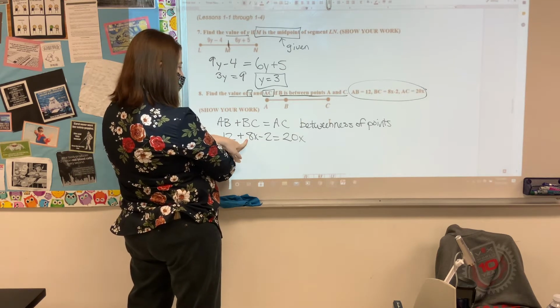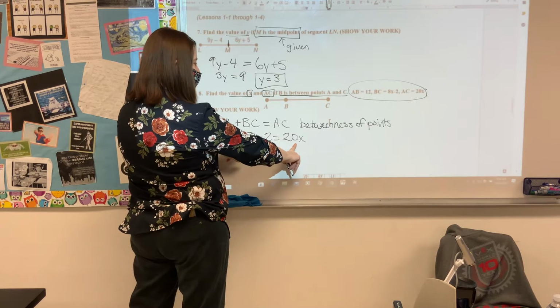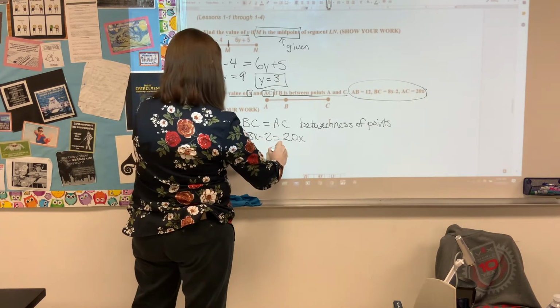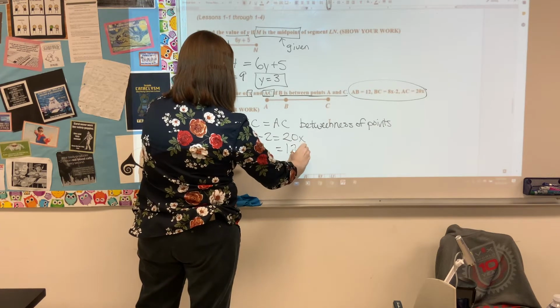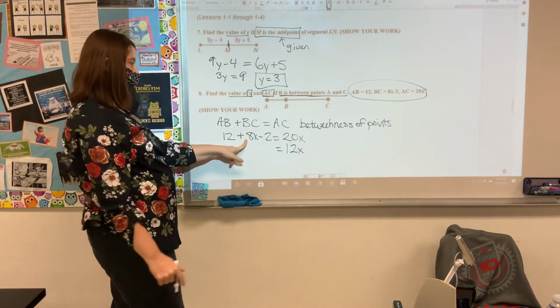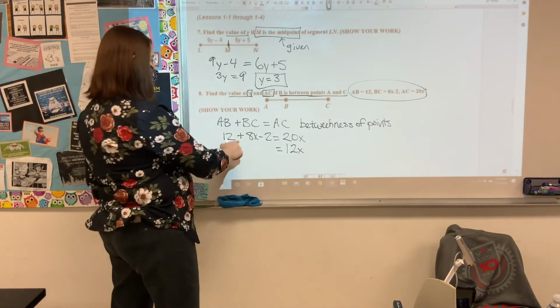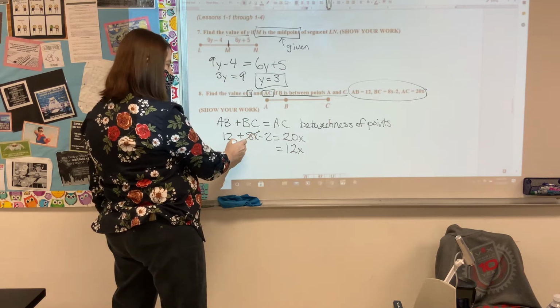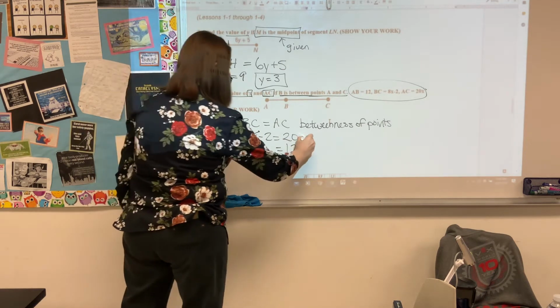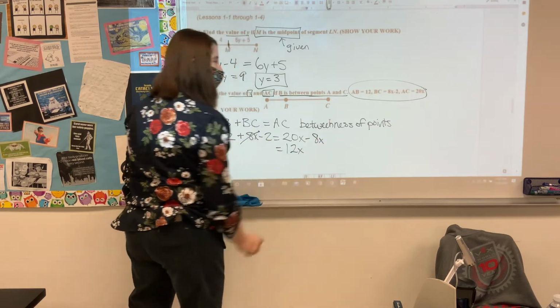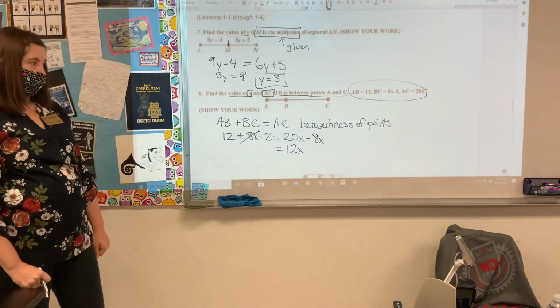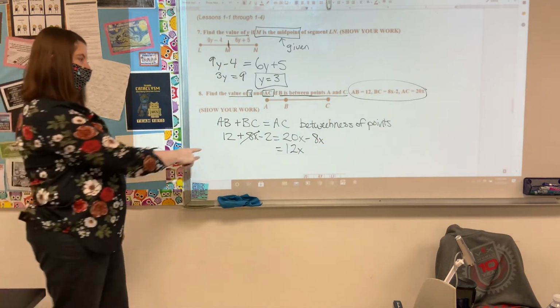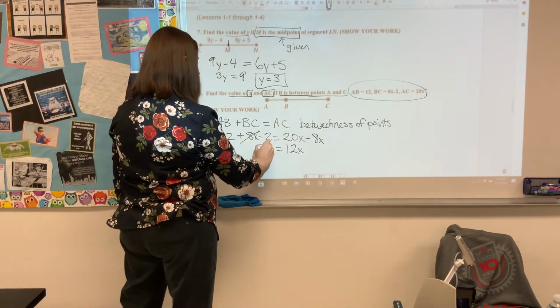I have to subtract 8x and subtract 8x, so I just get the x's on this side. Wait, what are you subtracting, not add? Because in order to get rid of it on this side, I have to take away 8. And I take away 8. So now I'm left with 12, subtract 2.